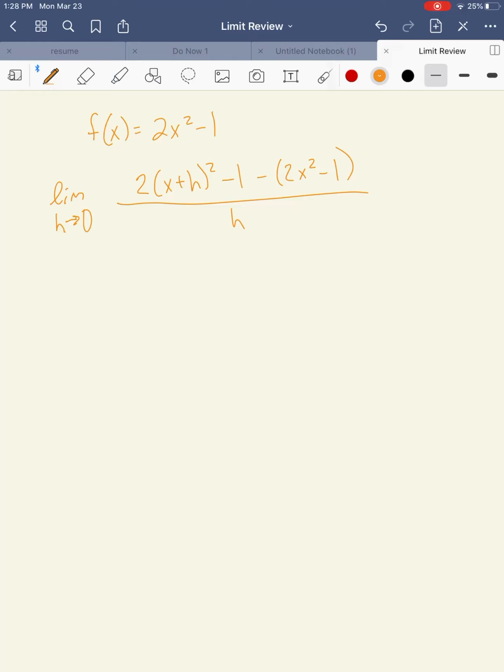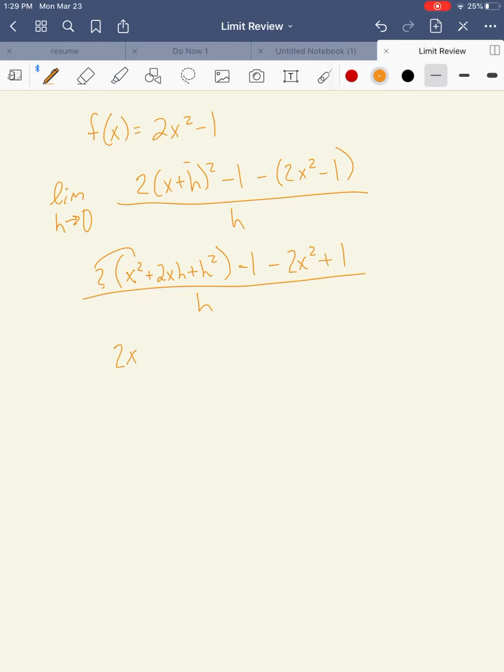Okay, so first I need to square that. So you get x squared plus 2xh plus h squared. That's what that is, squared in parentheses. Put the 2 on it right there, minus, distribute the negative in, so minus 2x squared plus 1 all over h. Then I have to distribute this 2.